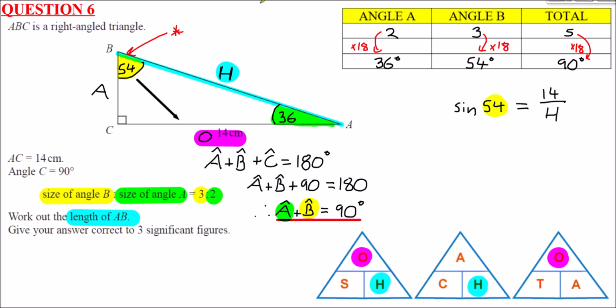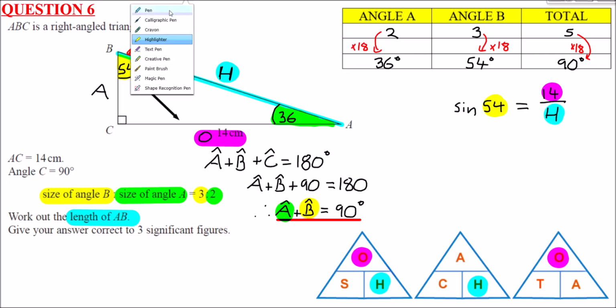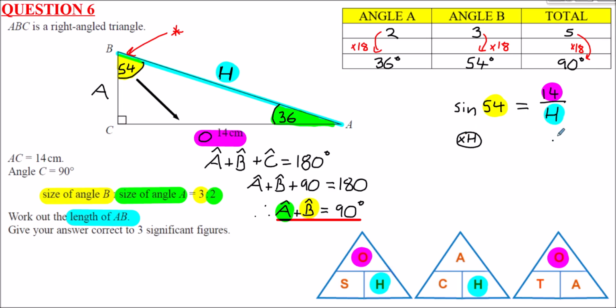Okay, so next we can just simply think about rearranging this. So I want to work out H, so multiply both sides by H. That gives me H sine 54 equals 14. And therefore, if I just divide both sides by sine 54, I then worked out H, which is what I wanted to do all along.